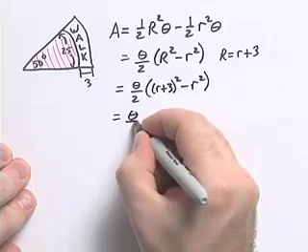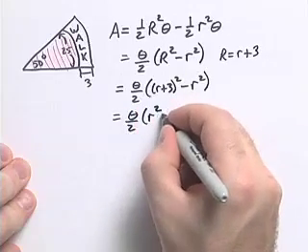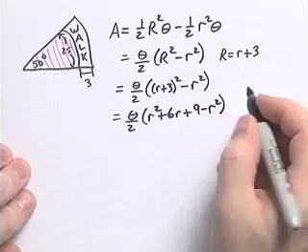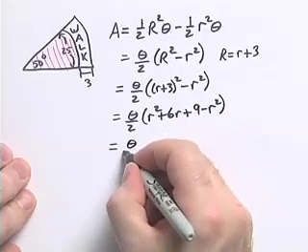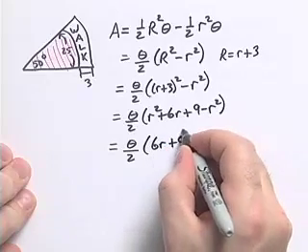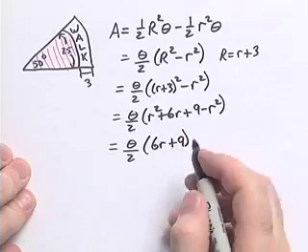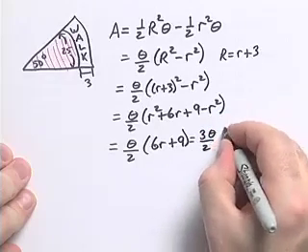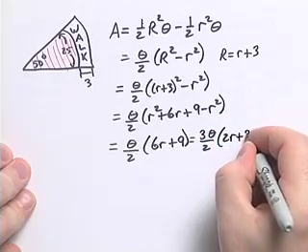This will be theta over 2 times r squared plus 6r plus 9 minus r squared, and that cleans up to theta over 2 times 6r plus 9. And we can actually pull out a factor of 3, so we'll get 3 theta over 2 times 2r plus 3.